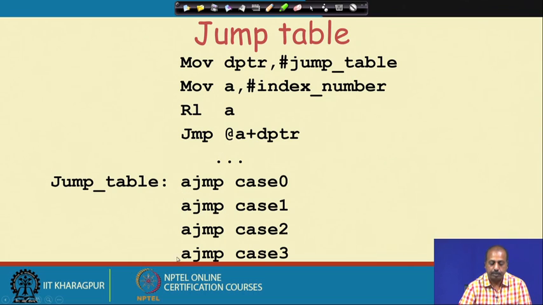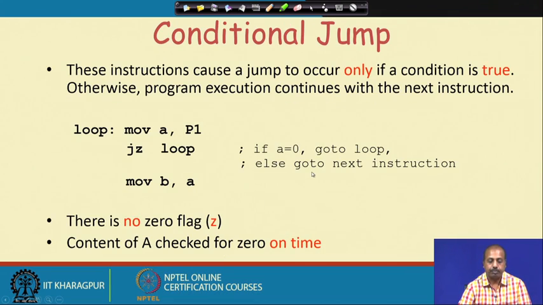DPTR plus 10 corresponds to case 5, because each AJMP instruction takes 2 bytes, so case 5 will be at byte number 10 from the start of the jump table. So, we can implement this type of jump table by means of this jump instruction. This JMP @A+DPTR instruction is useful when you are implementing this type of code lookup table.